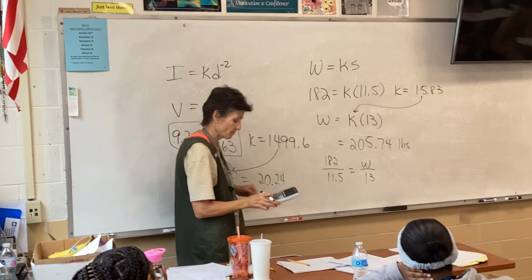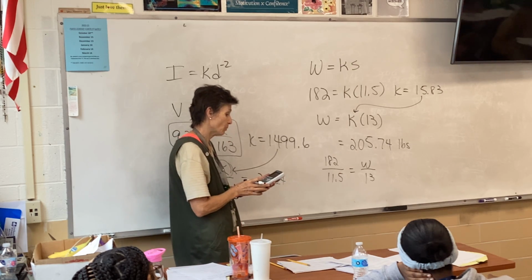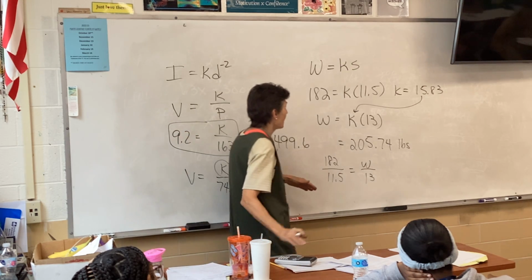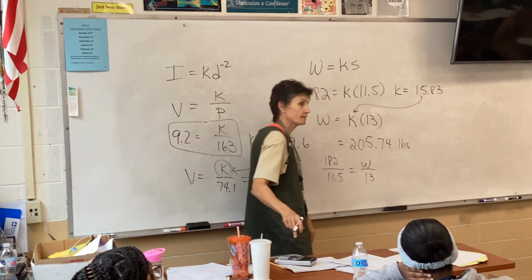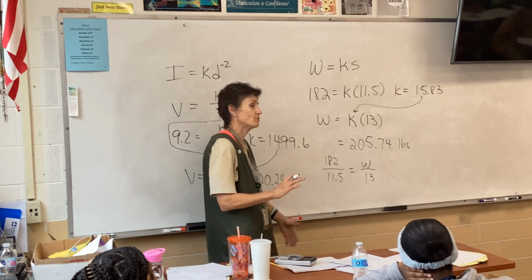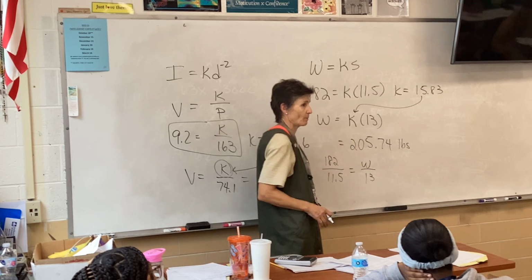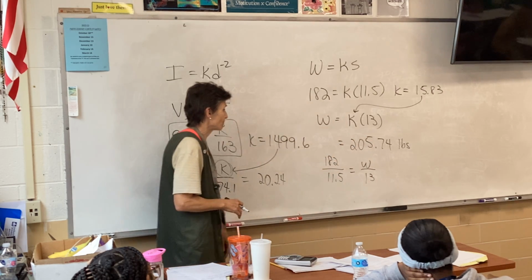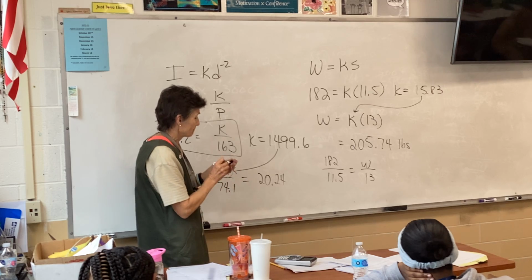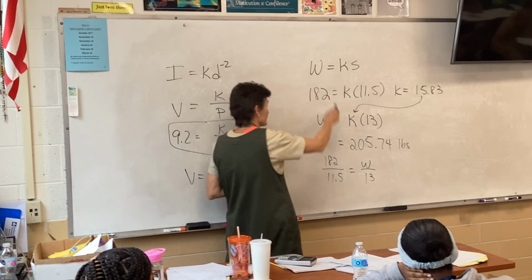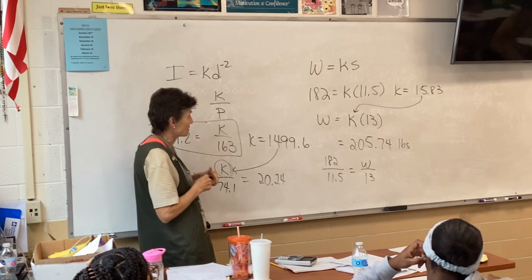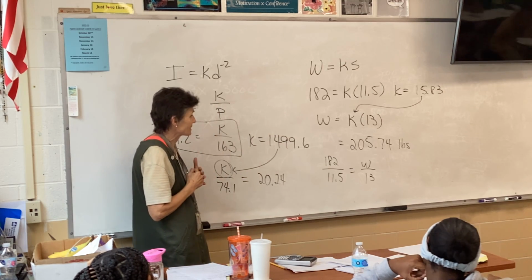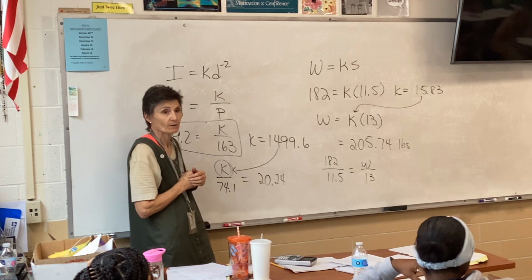Oh, maybe I copied it. Oh, no, I know what happened. I didn't use this number. I actually used the thing left over in my calculator, so I have no round off. You have a little bit of round off error in there. Okay, so if it varies directly, you can also set up a proportion if that's easier, or maybe it's not easier, I don't know. But you can always set up a proportion if they vary directly.